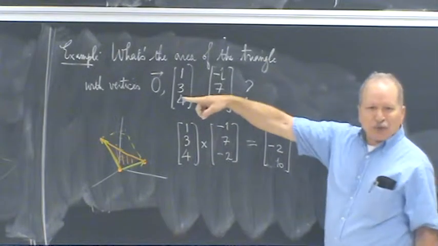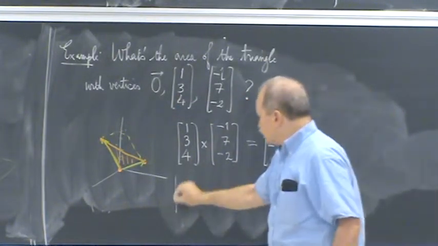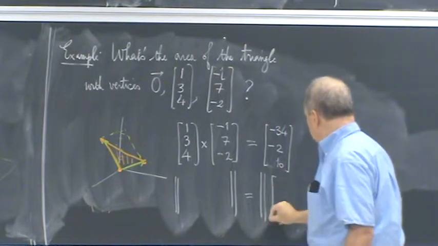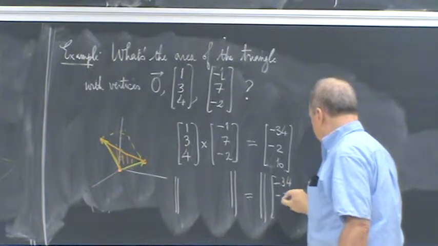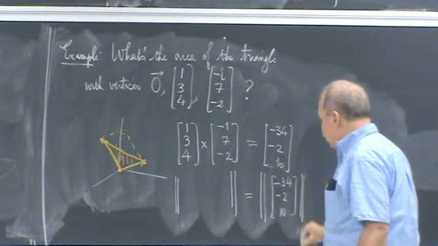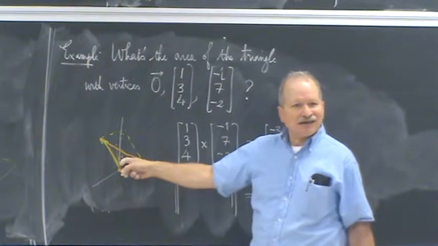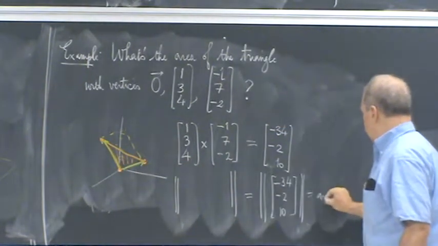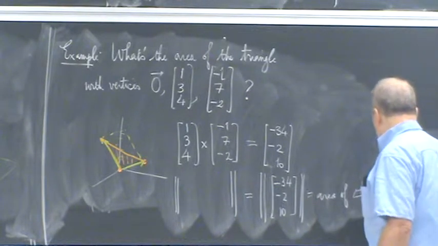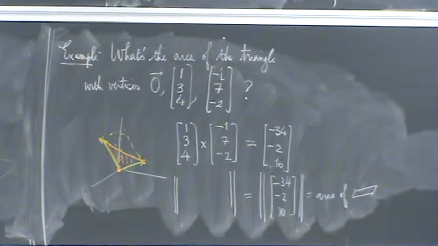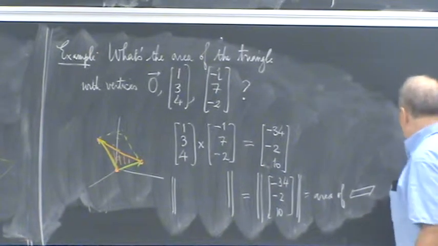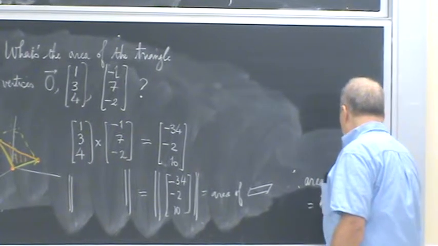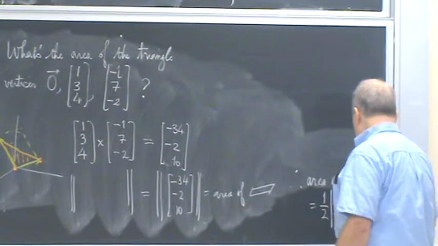What we have just established is that if I take the magnitude of the cross product, that will be the area of the parallelogram. And so if I want the triangle, I take half, right? So therefore, the area of the triangle is 1/2 the magnitude of the cross product.